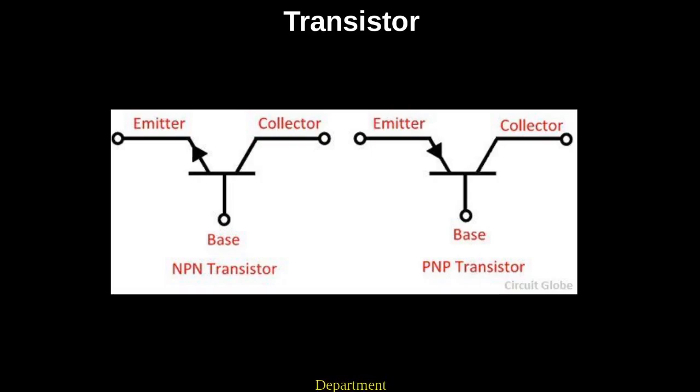The emitter is always connected in forward bias with respect to the base, so that it supplies the majority charge carriers to the base. The emitter base junction injects a large amount of majority charge carriers into the base because it is heavily doped and moderate in size.